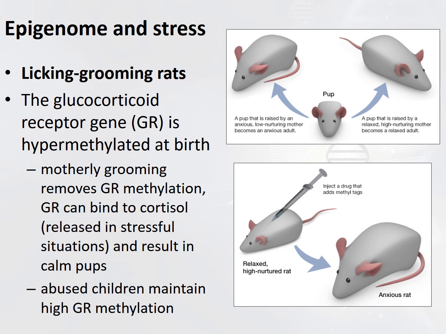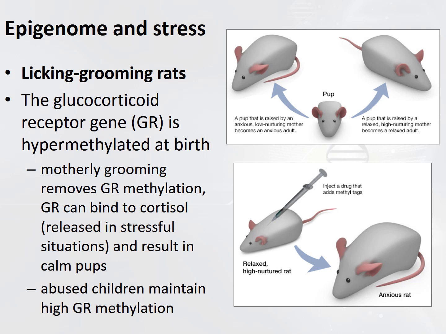The opposite works too. So if you take a high nurtured rat, a relaxed, calm rat, and inject its brain with methionine, which is a methyl donor, it instantly becomes more anxious and stressed.